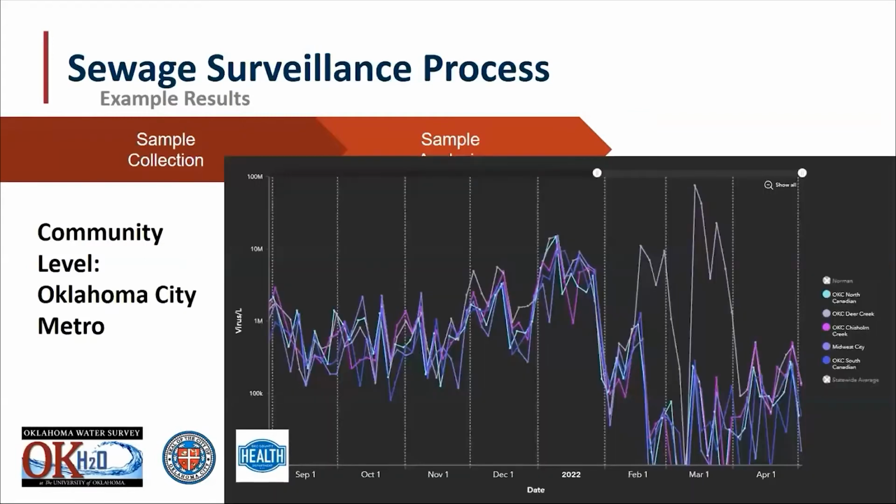And so here's just an example of our results. You can see that we rise and fall based upon the different trends that are going on. This is results mostly from last year, not necessarily up to date, but we're able to really see the trends and see which part of the community is higher at a specific time.